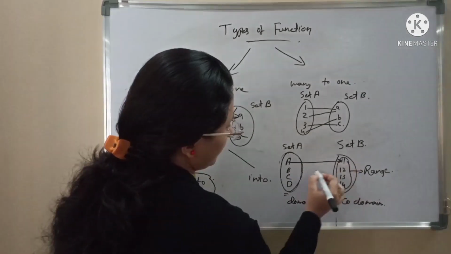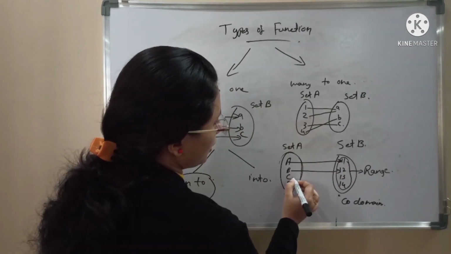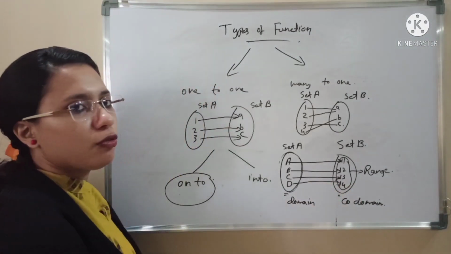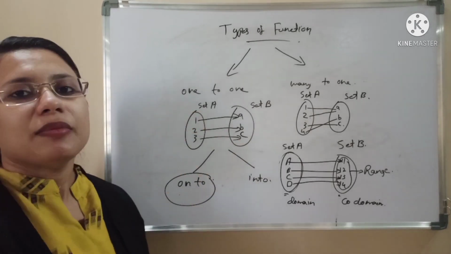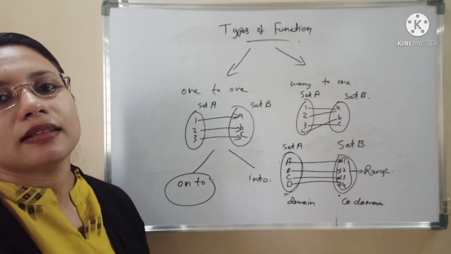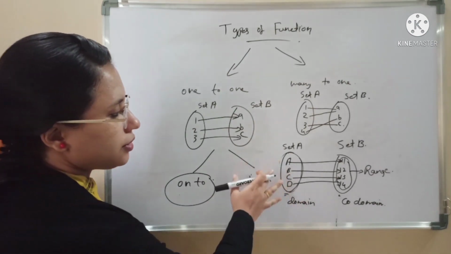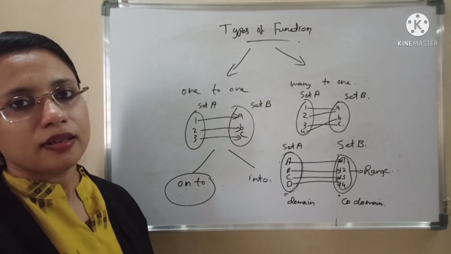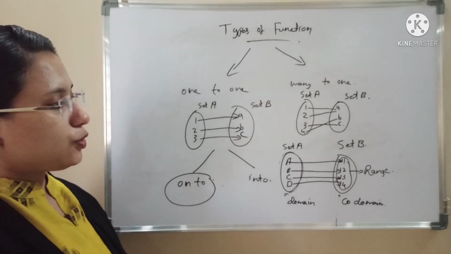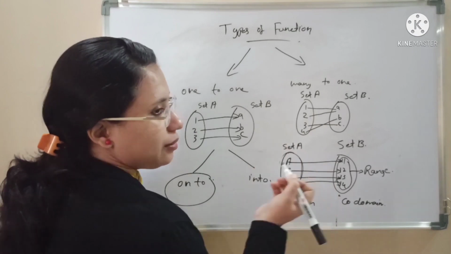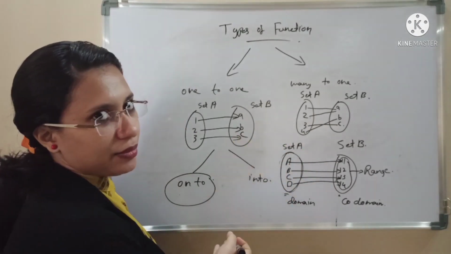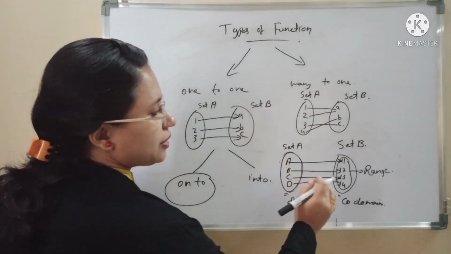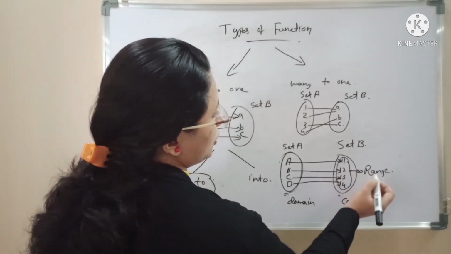Suppose A is related with 11, B is related with 12, C related with 13, D related with 14. So every element has at least a single relation. There are no free elements. All the elements are in a relation.